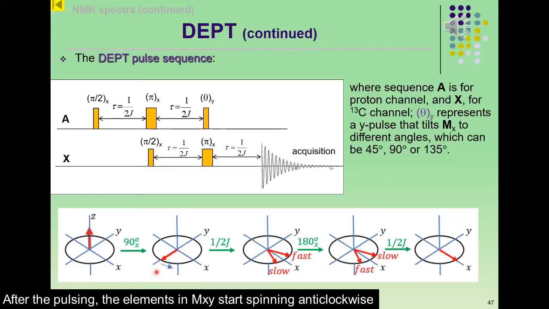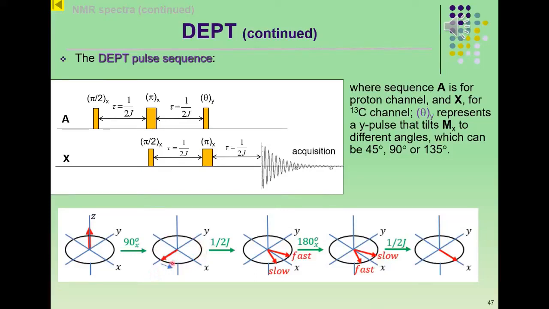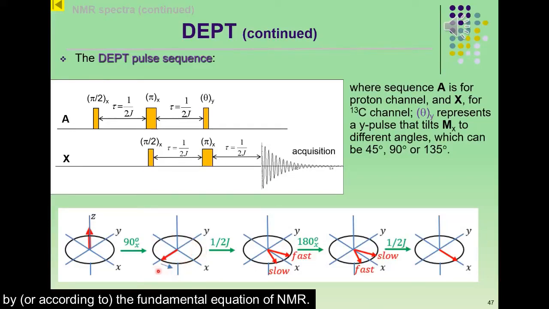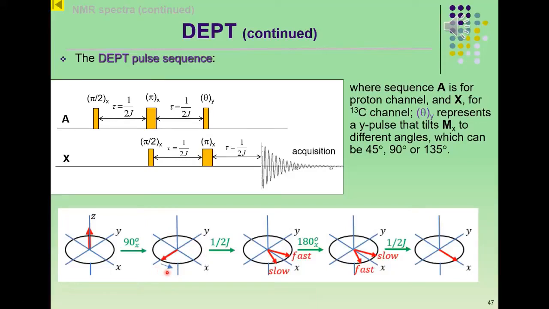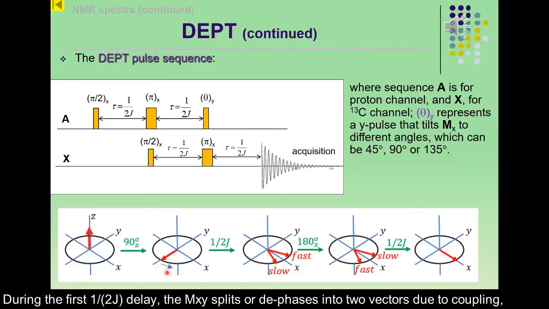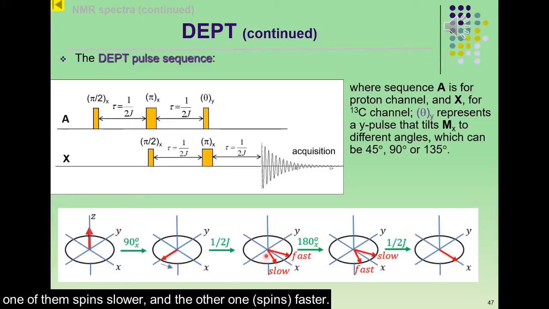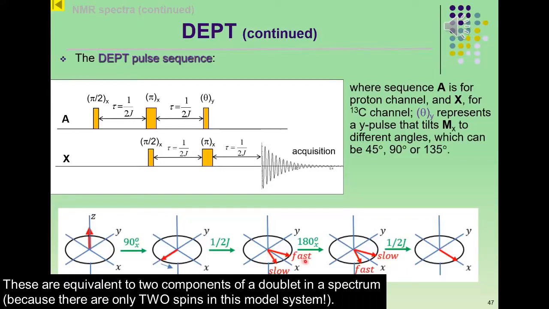After the pulsing, the elements in MXY start spinning anti-clockwise by the fundamental equation of NMR. During the first 1/2J delay, the MXY splits or dephases into two vectors due to coupling. One of them spins slower and the other one faster. These are equivalent to two components of a doublet in a spectrum.